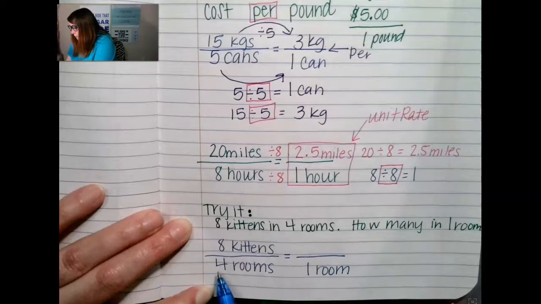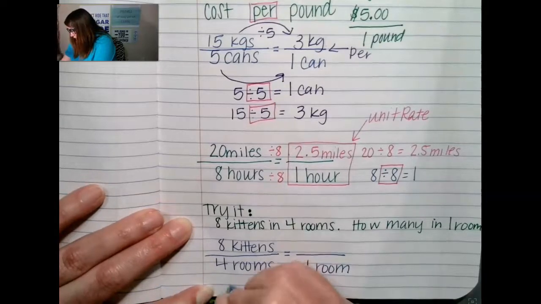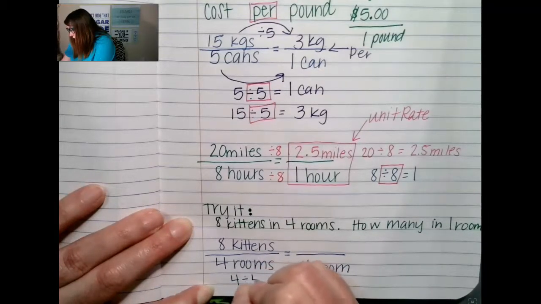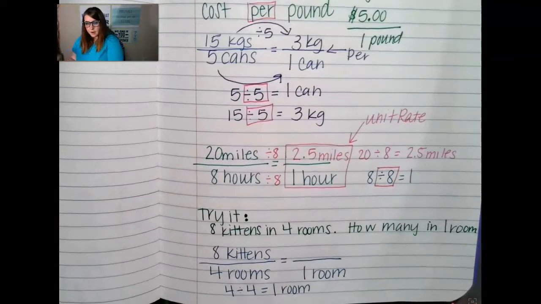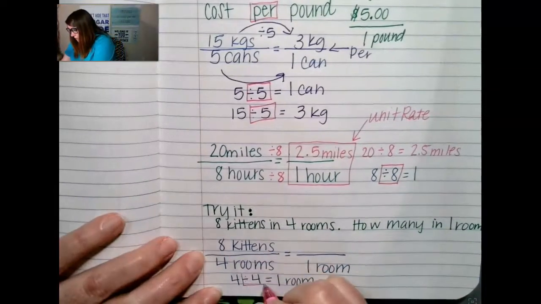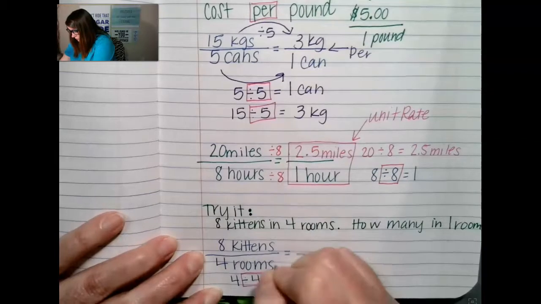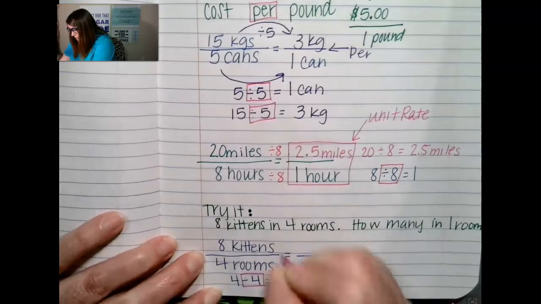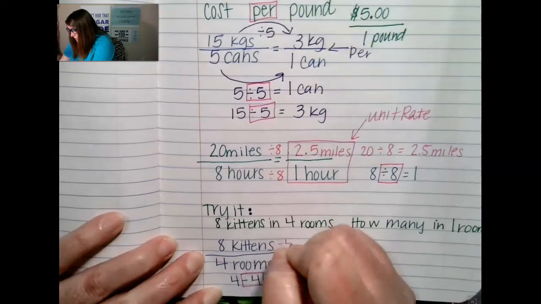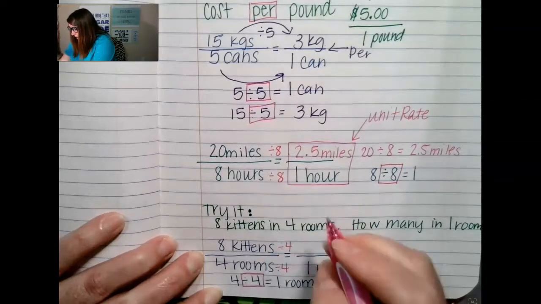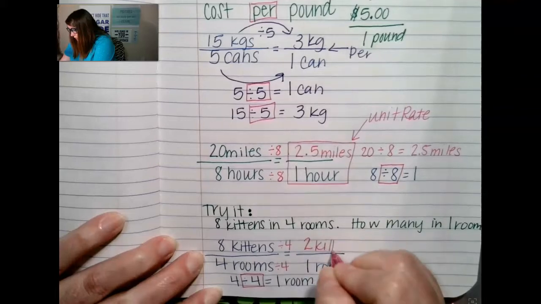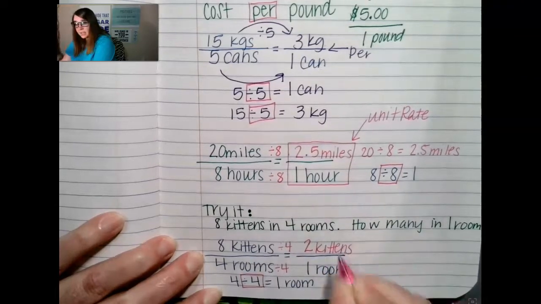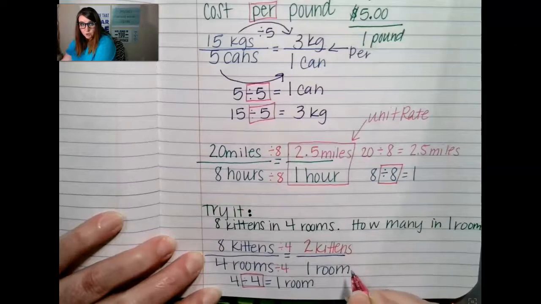How did I get from 4 to 1? Well, I did 4 divided by 4, and that equals 1 room. My number that caused the change is dividing by 4. So if I divide by 4 here, I'm going to divide by 4 there, and I get 2 kittens. 2 kittens per 1 room.